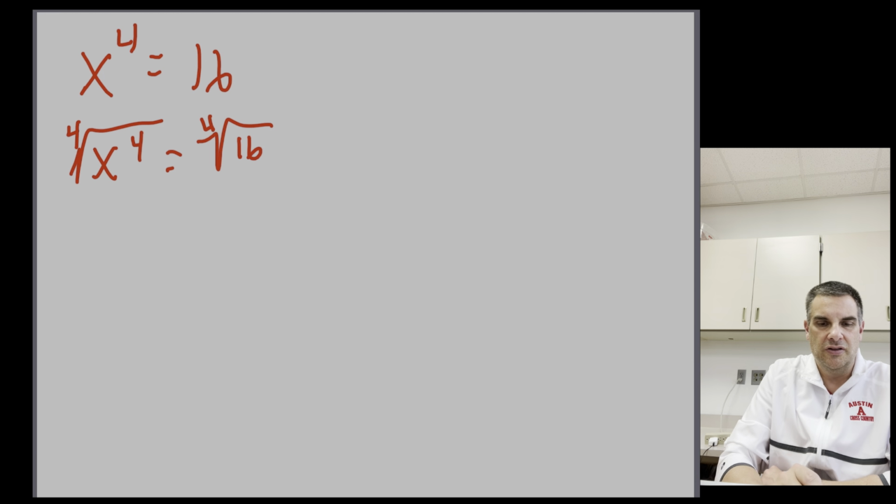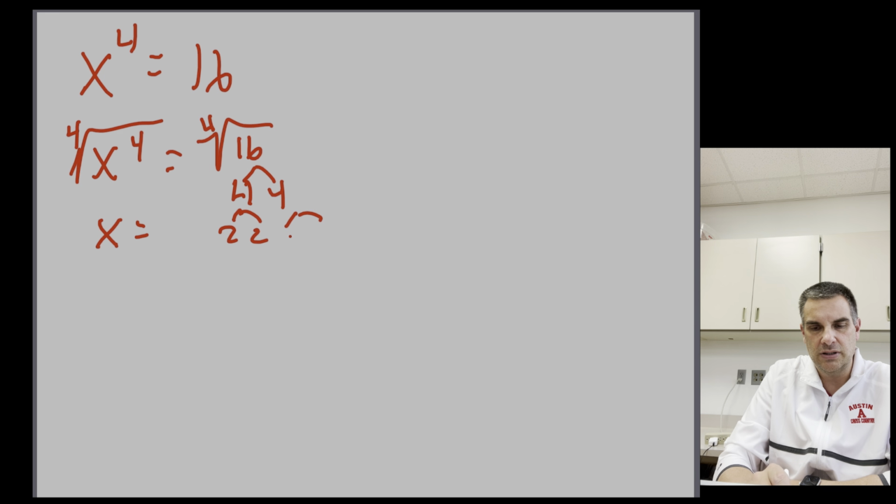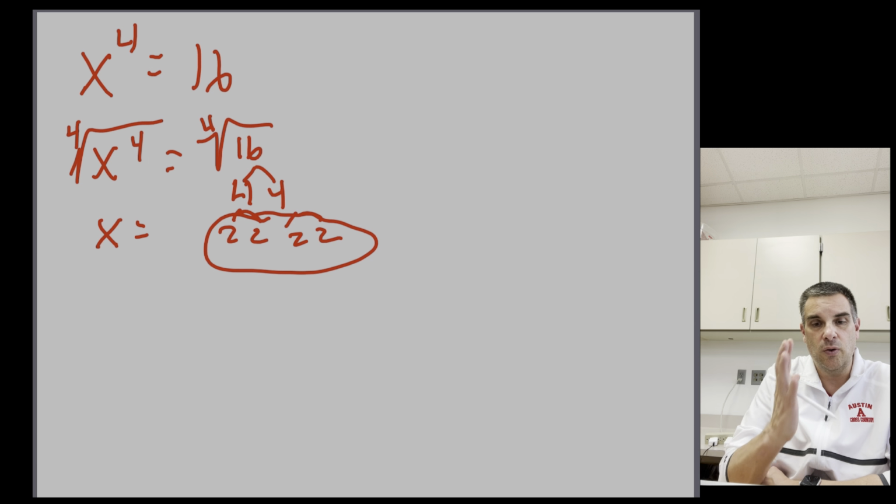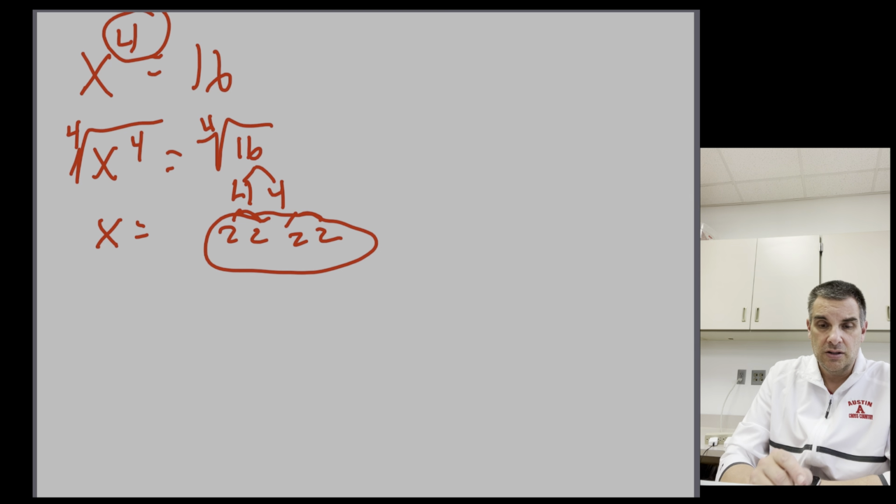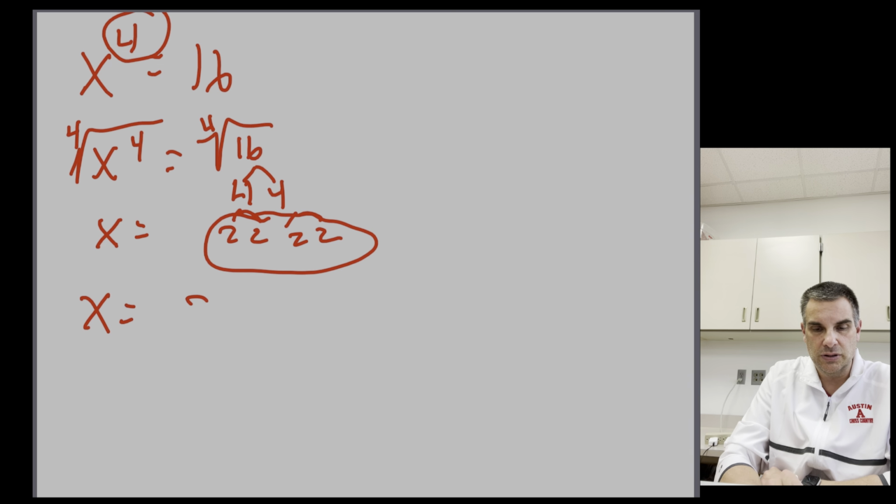That's going to leave us with x is equal to the fourth root of 16. We break 16 down: it's 4 times 4, 2 times 2 times 2 times 2. But now we're looking for groupings of 4 because that's my index. I'm taking the fourth root. So the solution to this is going to be x is equal to 2.